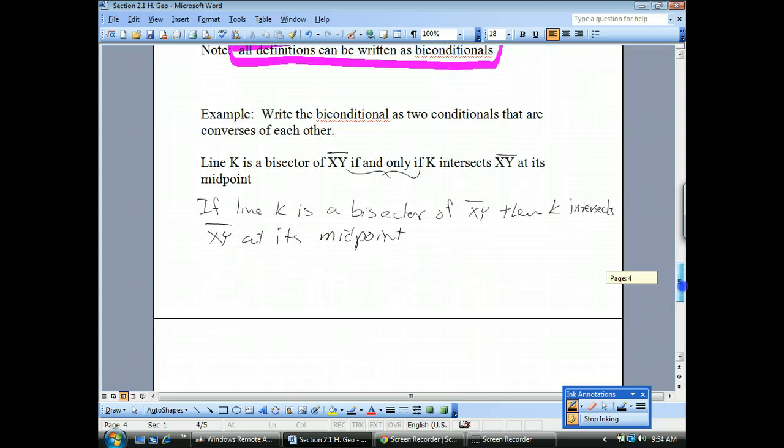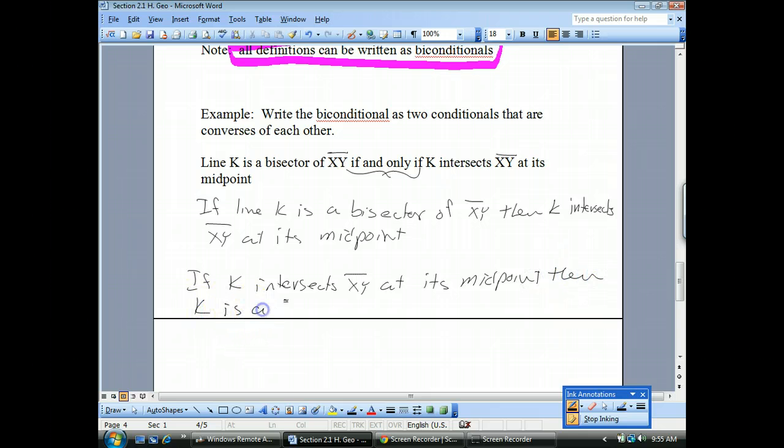The converse of that conditional would be: if K intersects segment XY at its midpoint, then K is a bisector of segment XY.